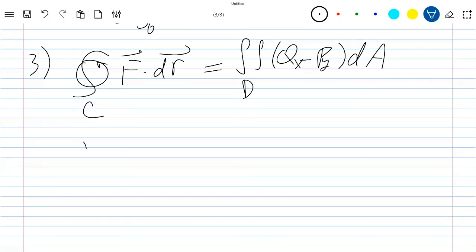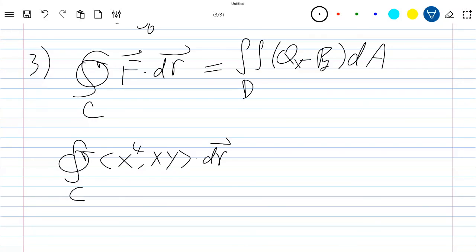All right, let's see this one. Let's say you have a counterclockwise curve. You want to integrate this. And what is this C? C is a path going from the origin to (1, 0), then to (0, 1), then back to the origin.